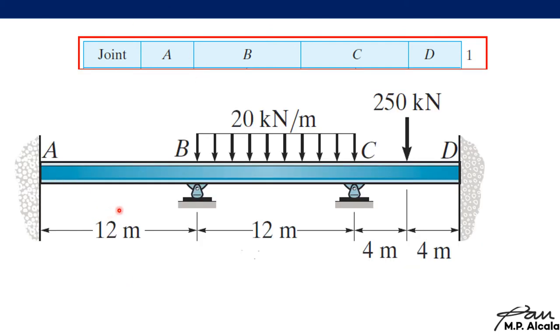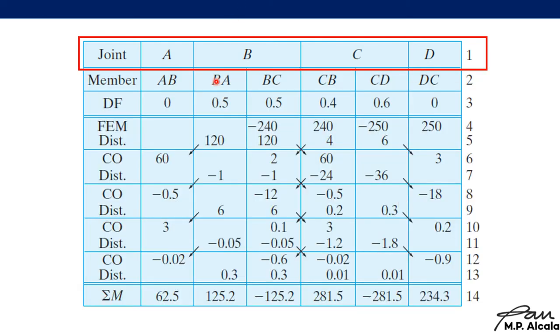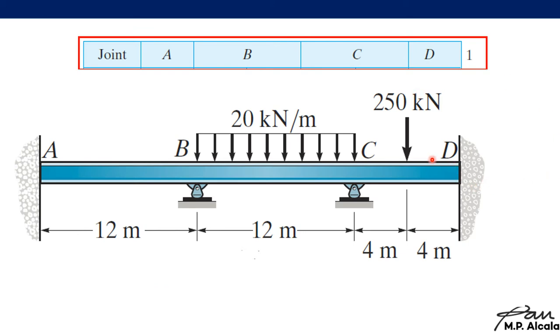Okay, it is this beam A, B, C, B, C, and then C, D. And then we have characterized per joint the following. You have segment AB and BA, segment BC and CB, and segment CD and then segment DC.